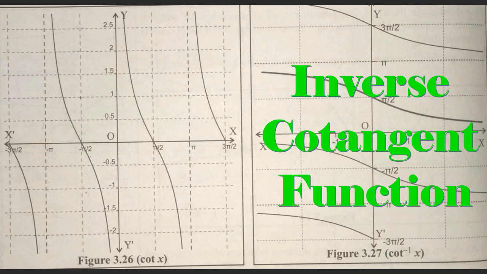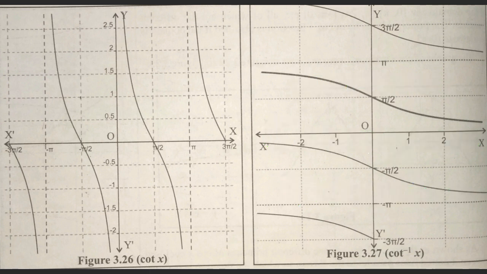If you observe the graph of the cotangent function, then it has vertical curves, while the inverse cotangent function has horizontal curves.